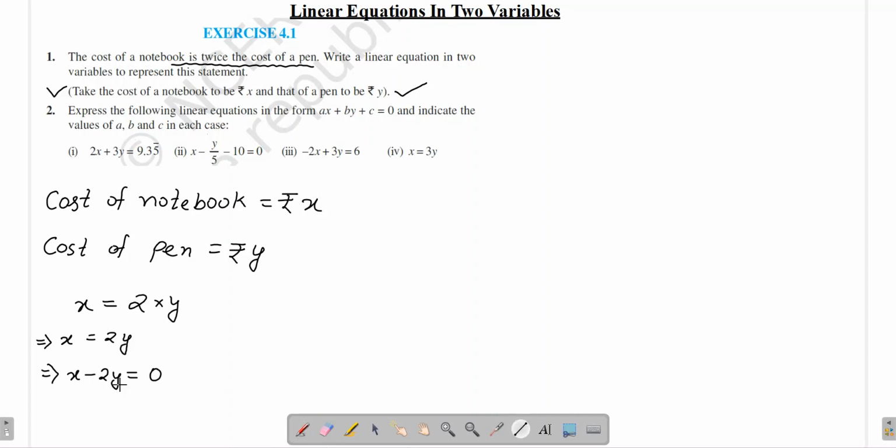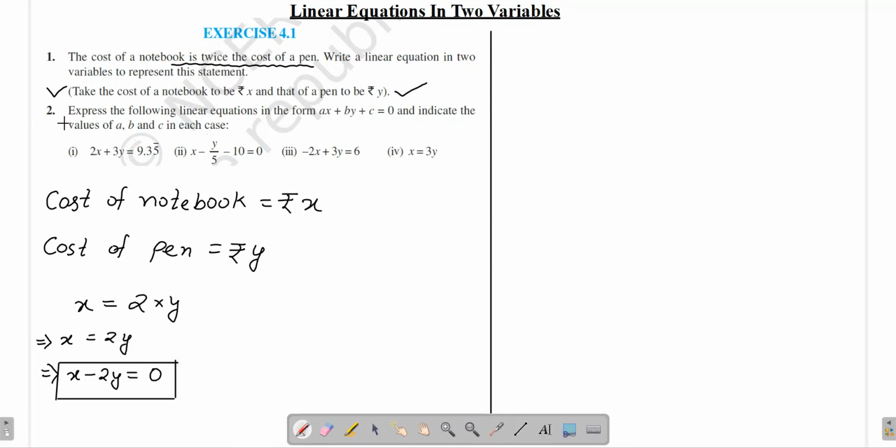This is our required equation. I hope you all have understood what to do over here in the question. We have just taken the condition which was provided in the question, and with that condition we have written it in standard form. Now we are moving towards the next question, that is question number 2.